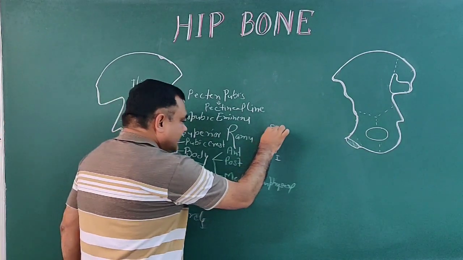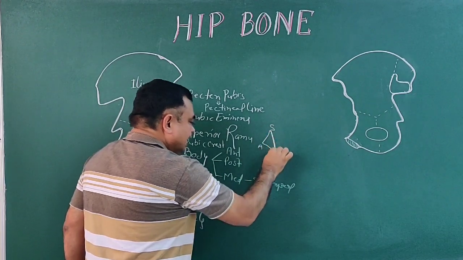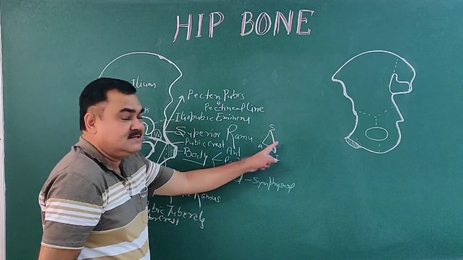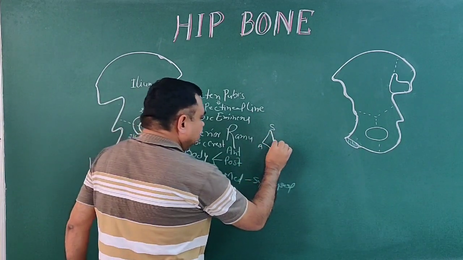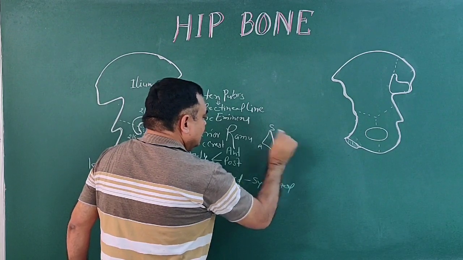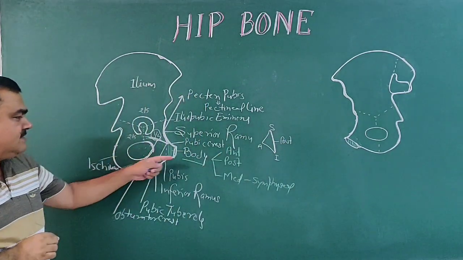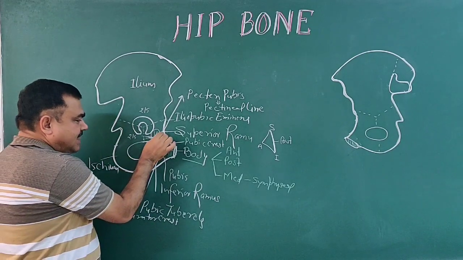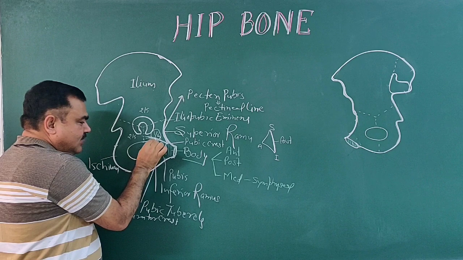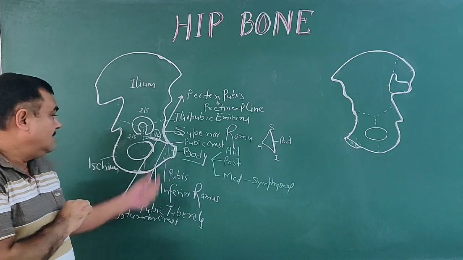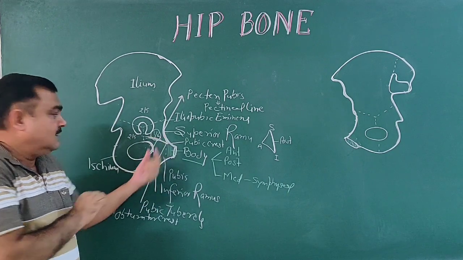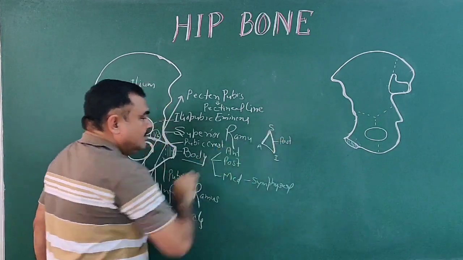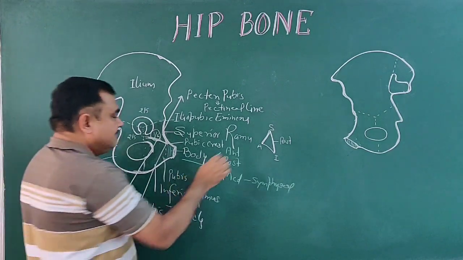And the surfaces: this is the posterior surface, or the pelvic surface. Here is the anterior superior surface and this is the anterior inferior surface. This anterior superior surface is known as the pectineal surface.